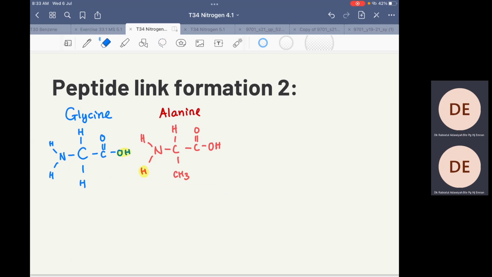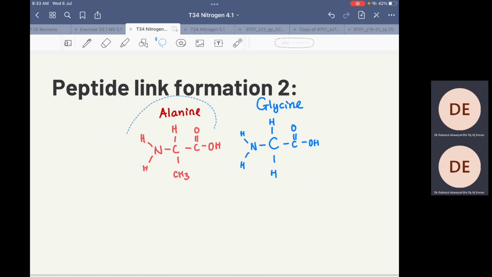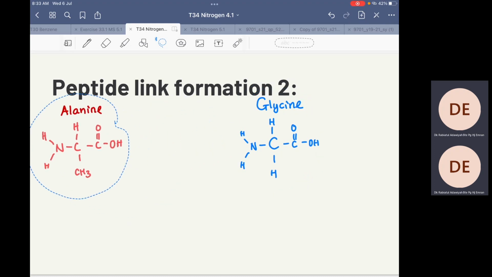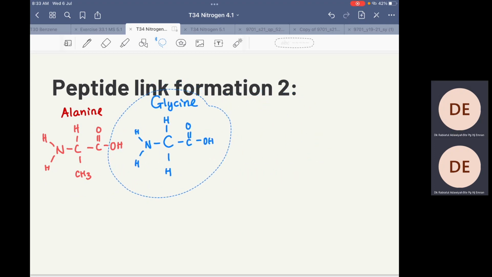Still the same, but I'll just erase this. It is still the same amino acids, but just a different site. It's the other side. So that means I will move the glycine here and the alanine will be there. Okay, so let me just do that.